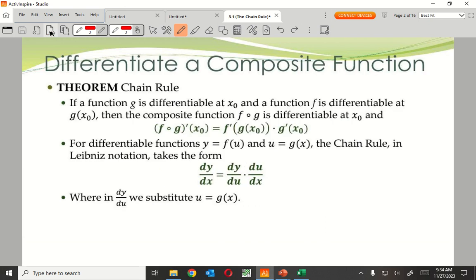Chain rule: if a function g is differentiable at x naught, and a function f is differentiable at g of x naught, then the composite function f of g is differentiable at x naught, and f prime of g of x naught. So that means my starting point, whatever point there is for whatever x value, then the derivative is going to be the derivative of the inside times the derivative of the outside.